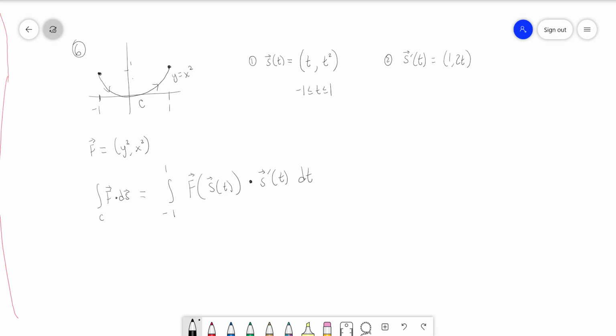So you plug in x is t, y is t squared. Y squared becomes t to the fourth, and x squared becomes t squared. Dot with 1, 2t. The dot product gives me t to the fourth plus 2t cubed. Then you just need to finish evaluating this integral.